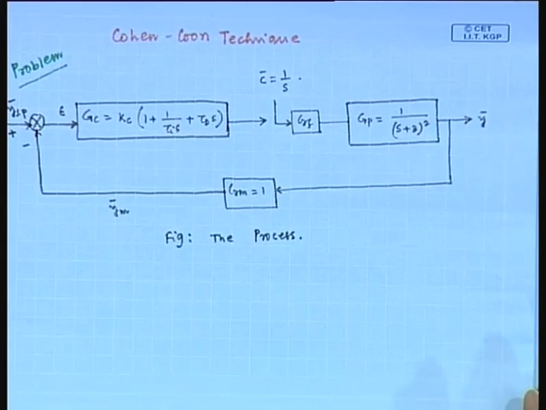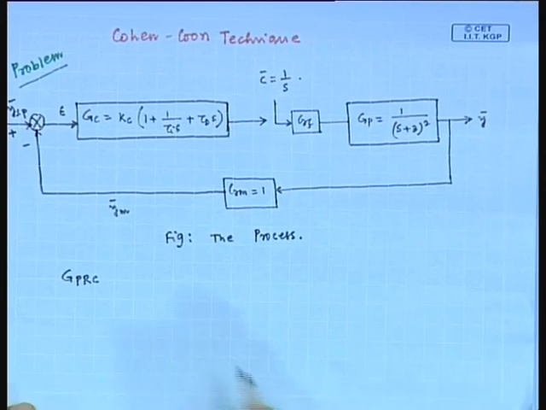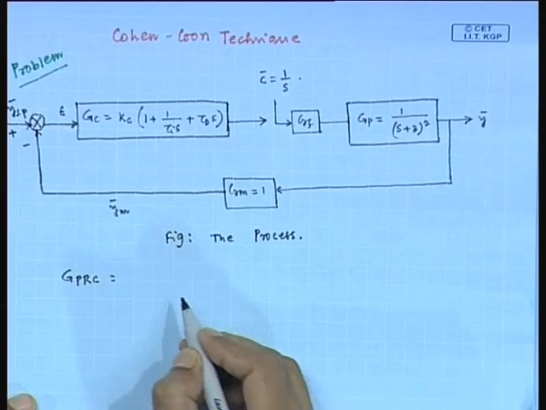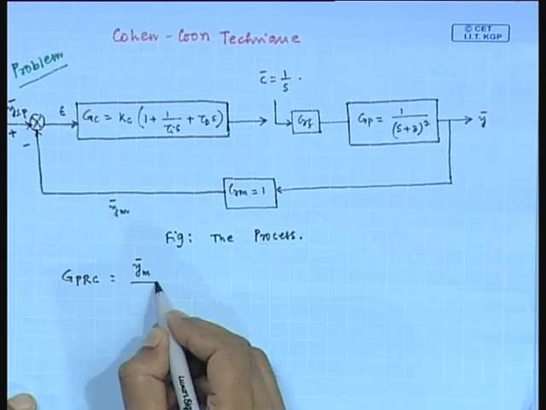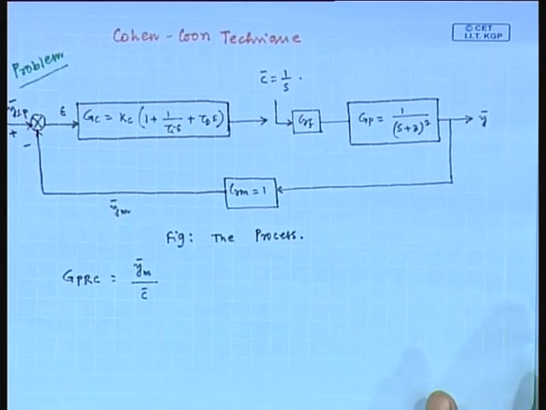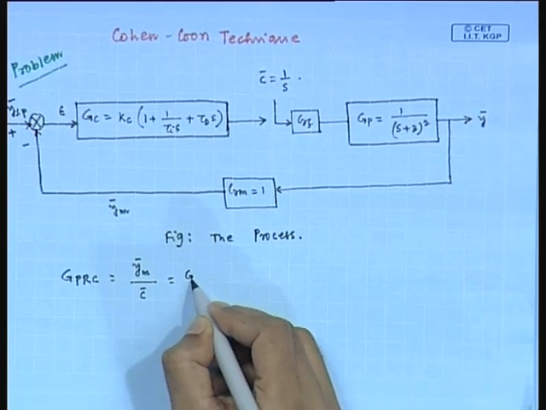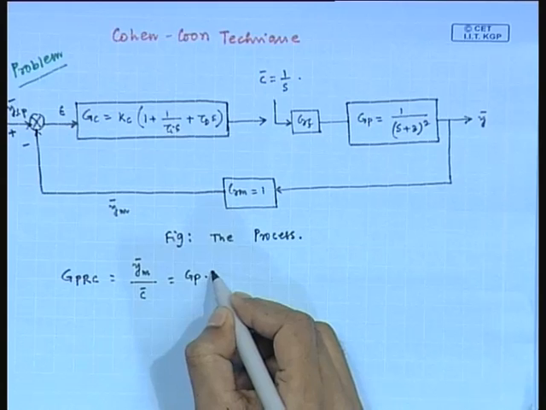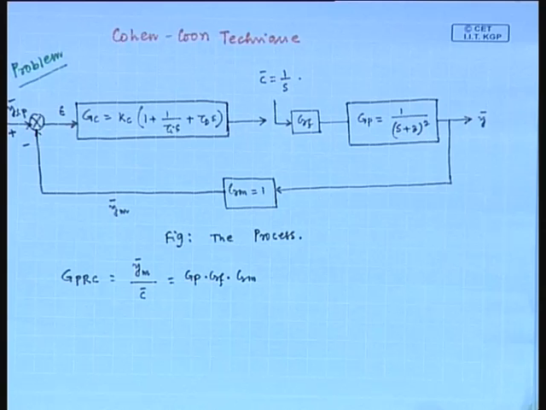First, we need to form the transfer function of the process reaction curve. The transfer function of the process reaction curve, PRC, is equal to ym bar divided by C bar, which is equal to Gp Gf Gm. For simplicity, we have considered Gm equals 1.